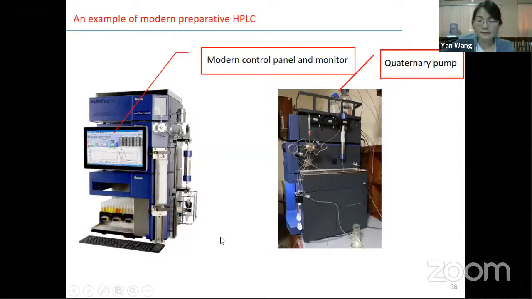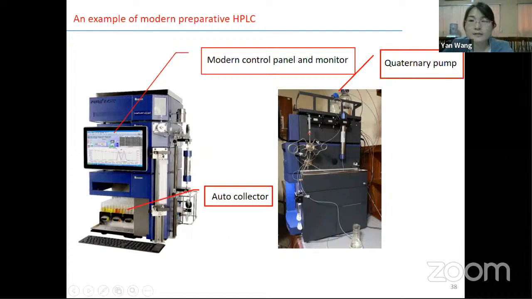And here, the next difference is the auto collector. All these three differences were done manually, now they become automatic. All the development of the equipment is just all the time trying to make everything automatic, right? Like from manual car to automatic car, same story.